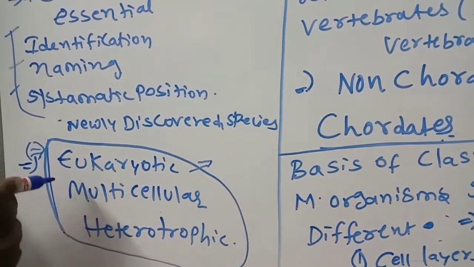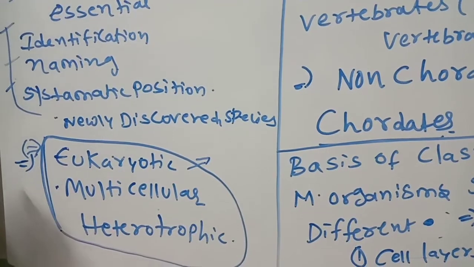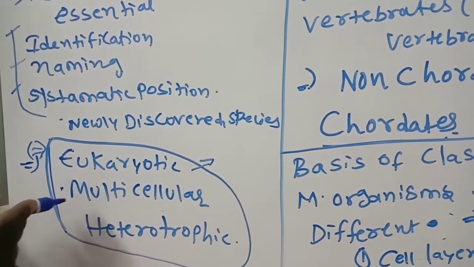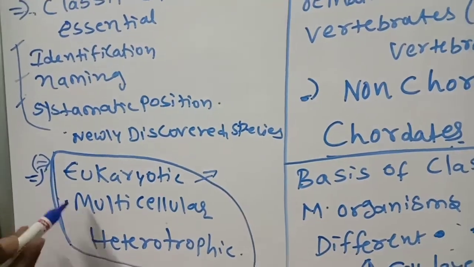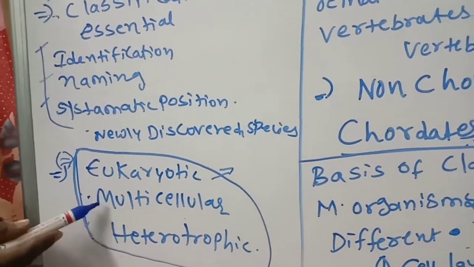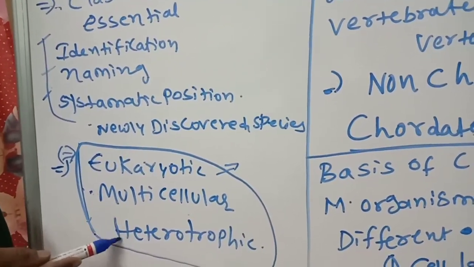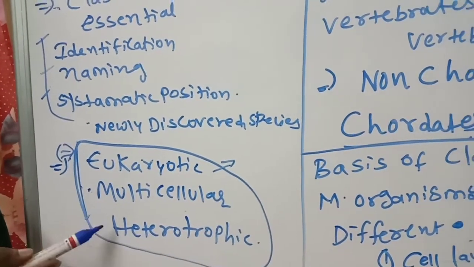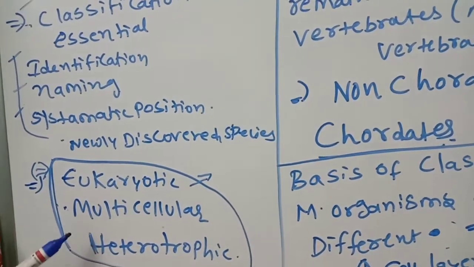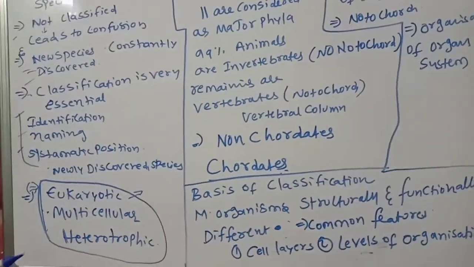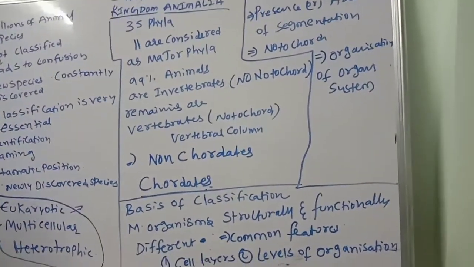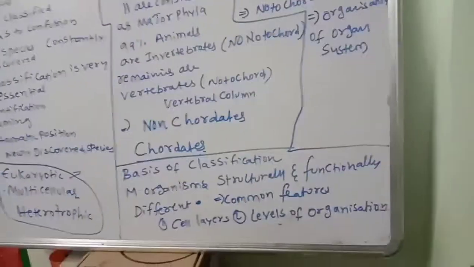Next, they are multicellular, meaning groups of cells, tissues, organs, organ systems, like that. Next, heterotrophic, they depend on others. Generally, 99.99% of animals are heterotrophic, depending on other plants and other animals.